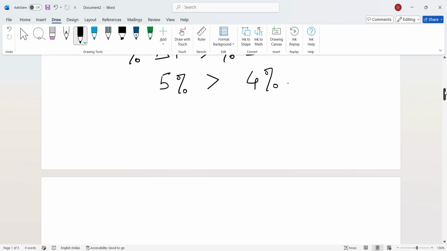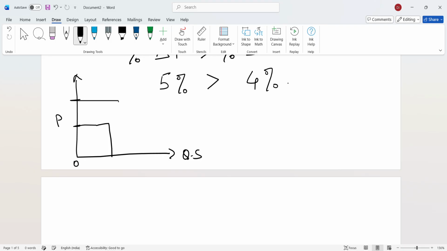So in this case, if I draw the graph, it would be something like this. That's my price. Now in this case, the percentage change in price is way up as compared to the percentage change in quantity supplied. So the supply curve would be a much steeper line.